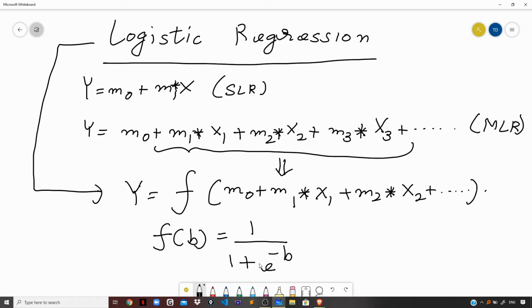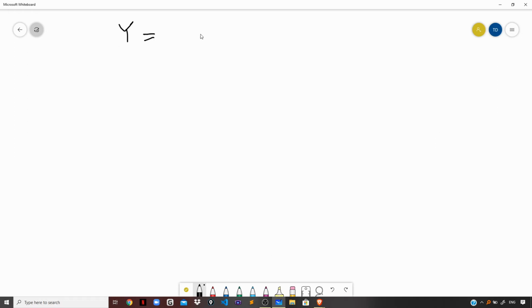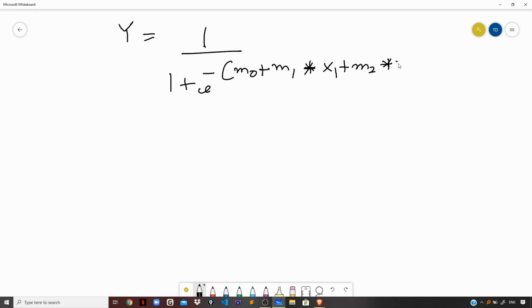So let us use both of above conditions or equations to see how the logistic regression comes out to be. So from this we can get y is equal to 1 upon 1 plus e raised to the power of minus (m0 plus m1 into x1 plus m2 into x2 plus dot dot and so on).